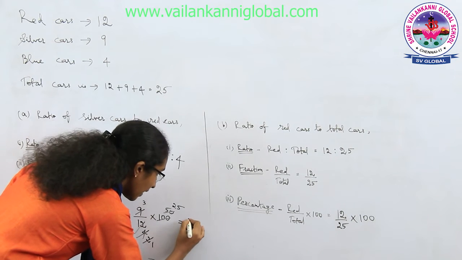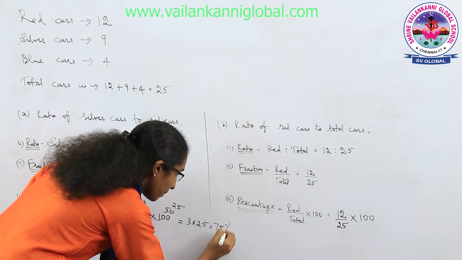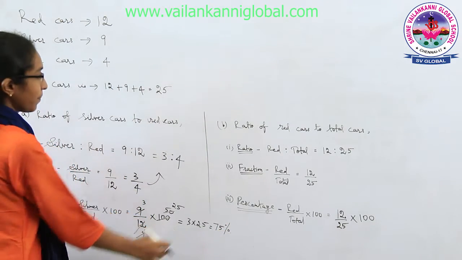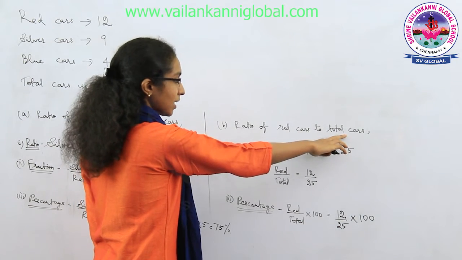So 3 into 25 will give us 75% as the answer.